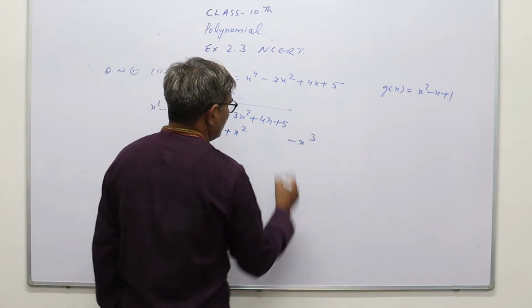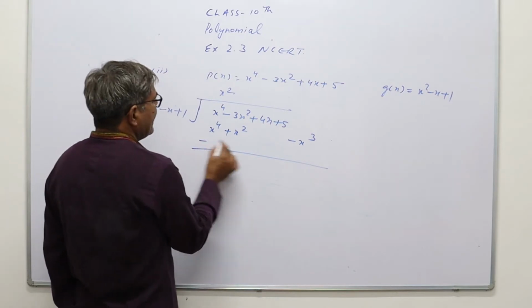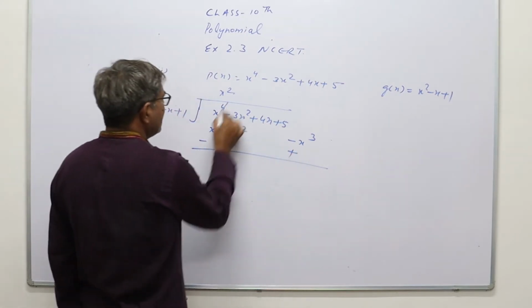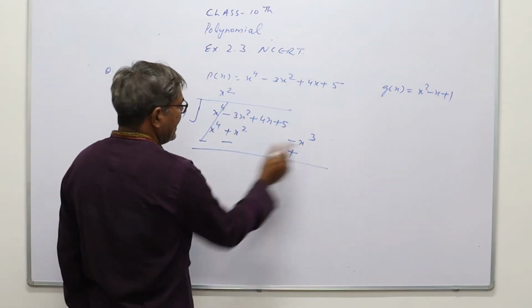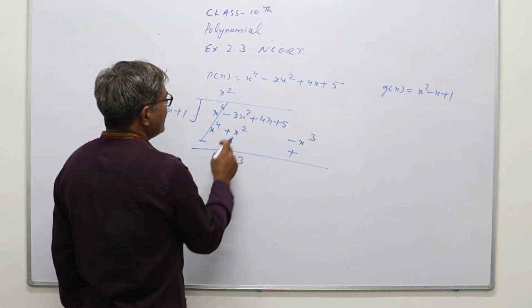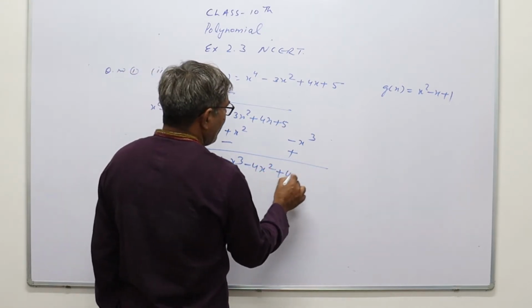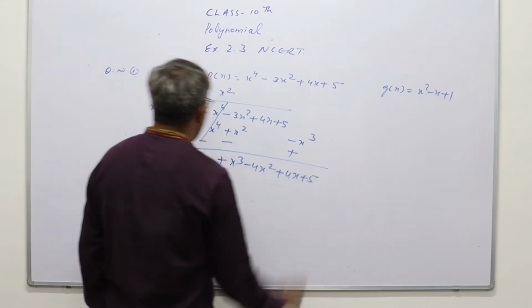Now on subtracting, this will cancel out. Again first we will write x cube, then minus 3x square minus x square, that is minus 4x square, plus 4x plus 5.